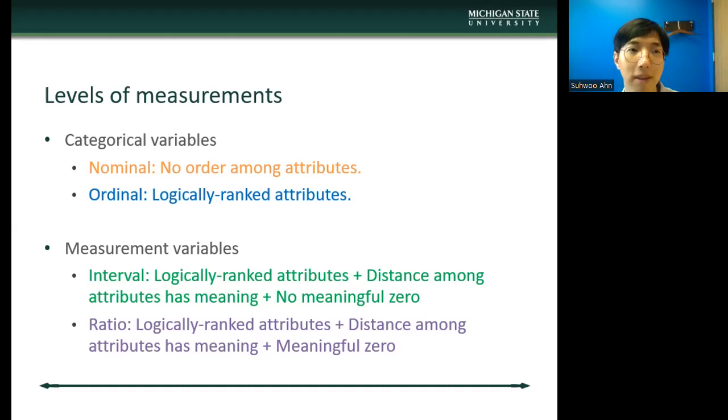For example, if I have 0 money, that means I don't have any money. Or I have 0 friends, which means I don't have any friends. So in the ratio measure, the 0 has meaning, or 0 means nothing. In this way, you need to think about and remember the characteristics of the 4 types, or 4 levels, of measurement.